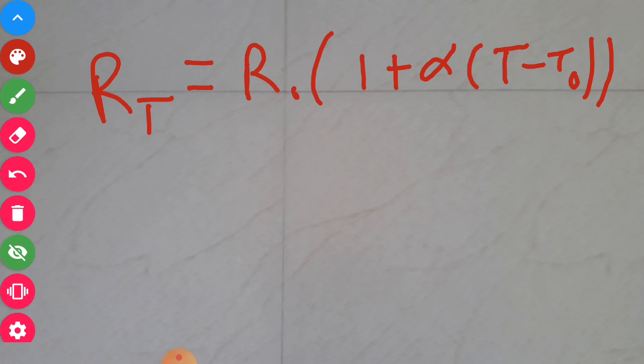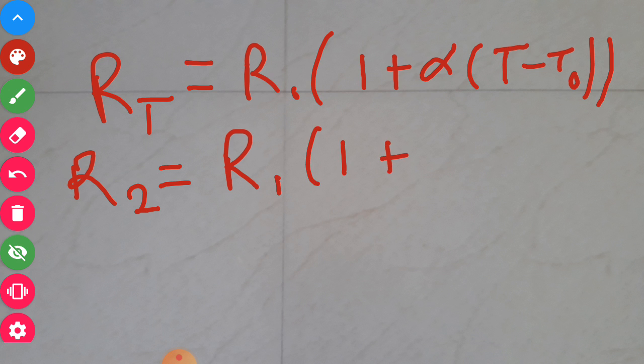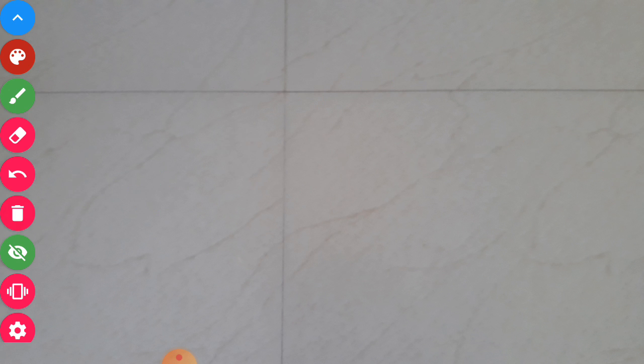Okay. So for our simplified understanding, we can write final resistance, say RT, is equal to initial resistance, say R1, into 1 plus alpha into T2 minus T1, that is initial temperature. Now see, final resistance R2 can be found. How will you find?